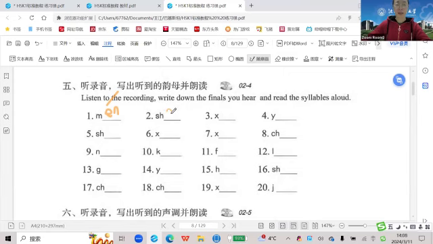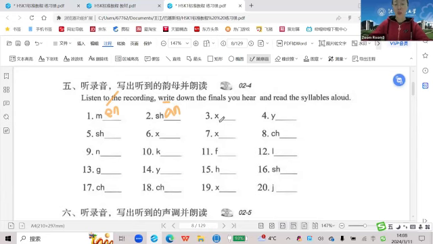This time, the right answer has appeared. The final is an, and the tone is the first tone. Shan, not shan: the second tone, shan, the third tone, shan, and the fourth tone, shan. Okay, let's go on.